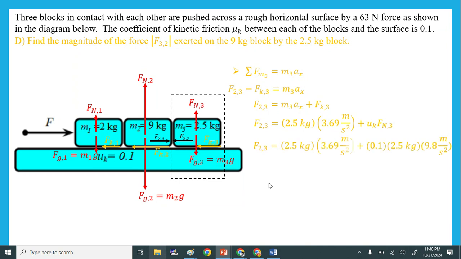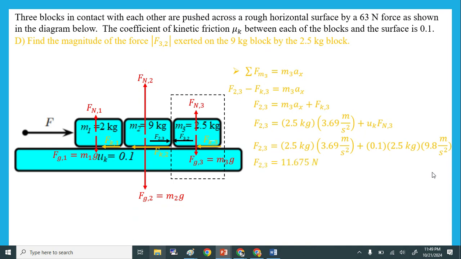Let's go ahead and plug values in. Mu k is 0.1. FN is just the weight of the third block, which is M3 times g. M3 is 2.5 kilograms, and for g, I already accounted for the negative sign earlier, so I'm just going to plug in 9.8 rather than negative 9.8. It's important that you keep track of my work. I like to introduce negative signs right away, so when I plug in values, they're all positive.